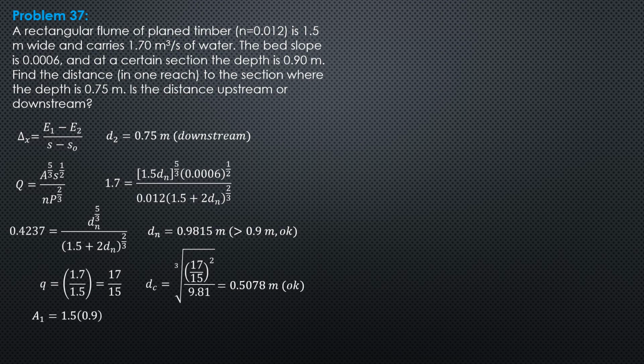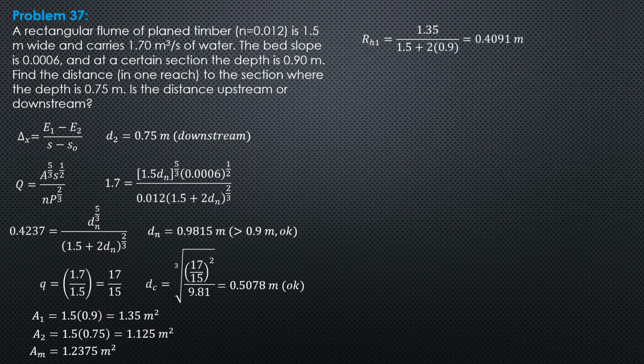So area 1 is 1.5 times 0.9, since section 1 has a depth of 0.9: 1.35. Area 2 is 1.5 times 0.75: 1.125 square meters. So the mean area is 1.35 plus 1.125 divided by 2, 1.2375. Hydraulic radius 1 is area over perimeter, 1.5 plus 2 times 0.9, since the depth is 0.9 at section 1. So 0.4091 meter.